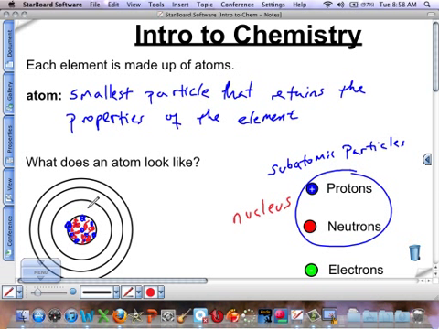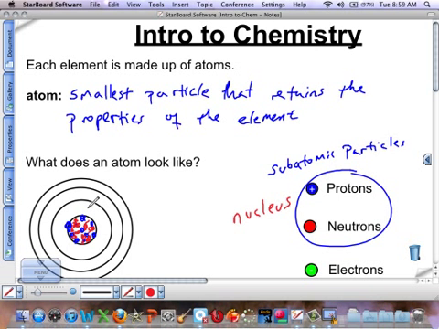So remember we talk about models, we talk about scale. Another way of looking at an atom is basically it's our universe on a very, very, very small scale. Same concept. The atom is really just a small model of our entire universe.